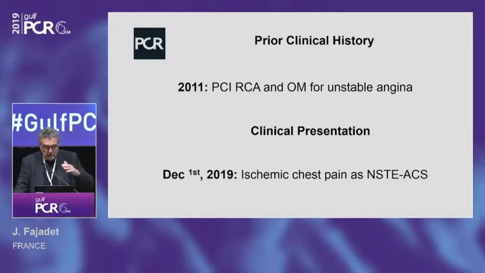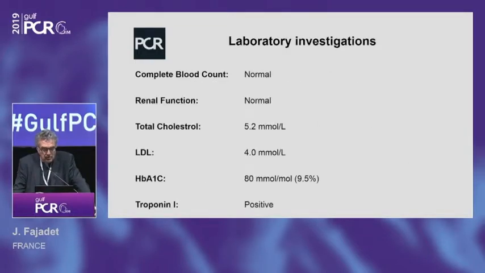After 8 years, totally asymptomatic, this patient came back on the 1st of December with ischemic chest pain with an NSTEMI, acute coronary syndrome. Biology investigation is quite normal, particularly the renal function.